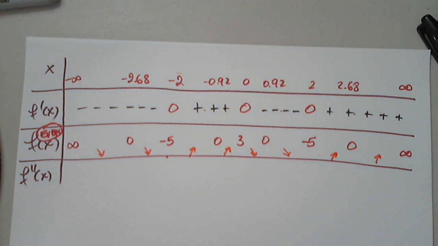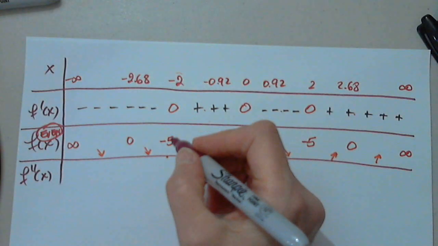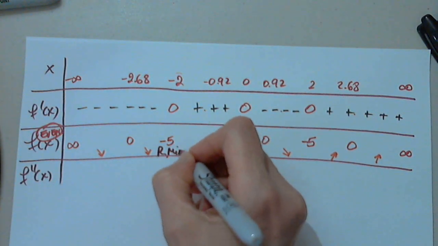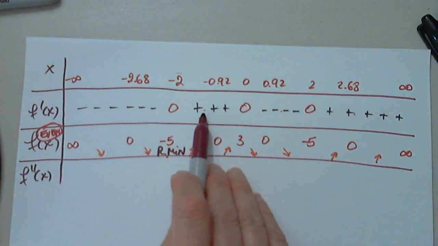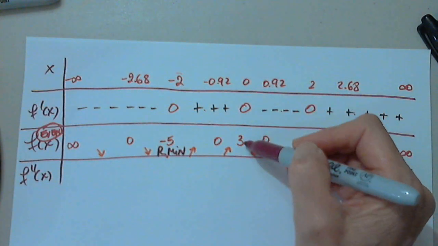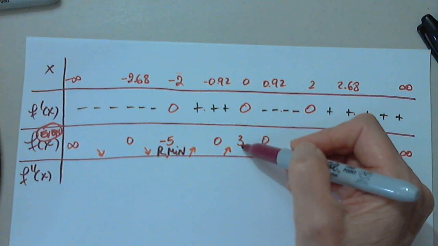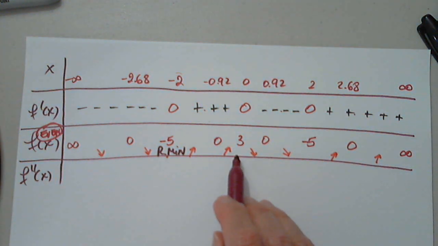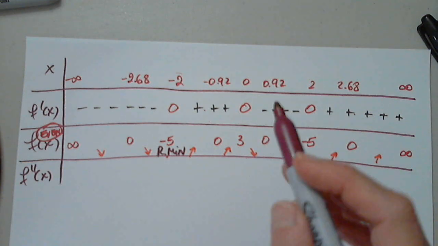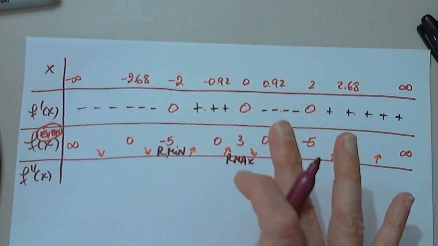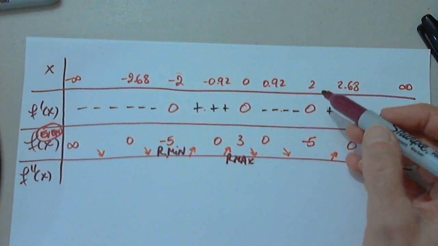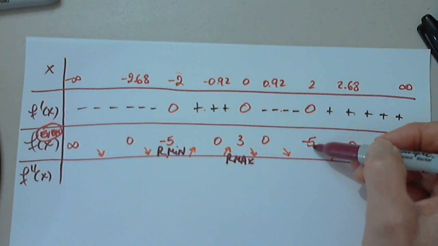Absolute minimum. We don't know absolute or not, but it's definitely a relative min. Very good. Look at the sign change. Good. 0, 3. Relative max. It could be an absolute. We will see that at the end, but not right now. Good. Awesome. What about 2, -5?